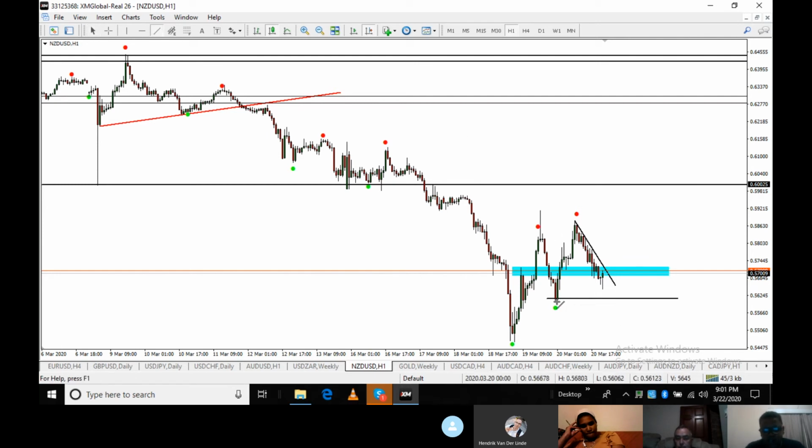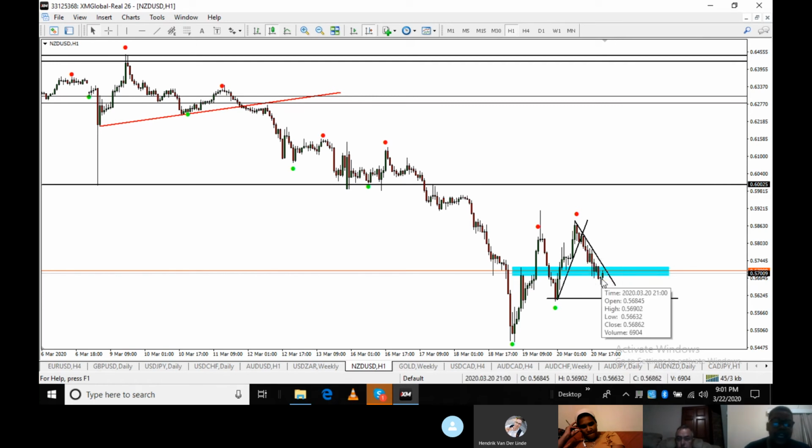Late entries, you can enter late if you want to, but one thing you will notice is that the market likes late entries because it takes your money on late entries. So if you were going to sell to the previous support, this would be where you'd enter, not over here.